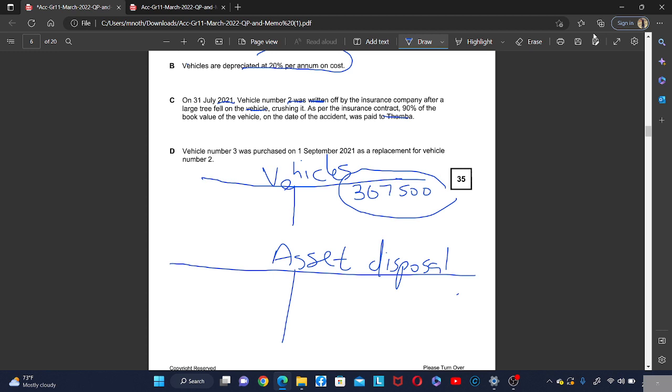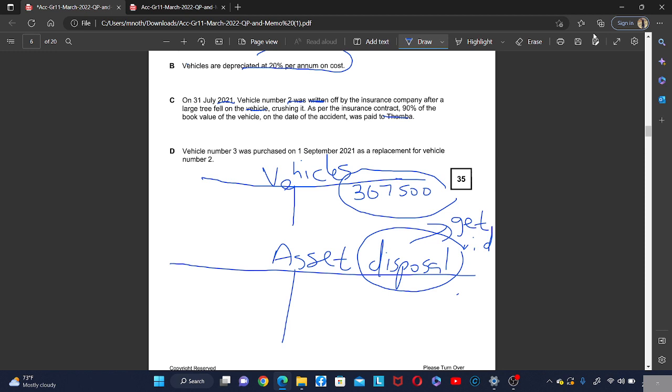If we are talking about disposal, it's as if we are saying that we are getting rid of the asset in the business. So obviously, if we are getting rid of the fixed asset, the fixed assets of the business have to decrease. We know that assets decrease on the credit side.